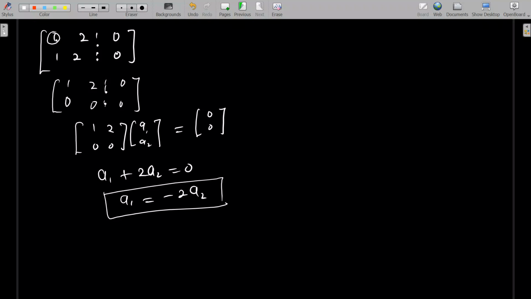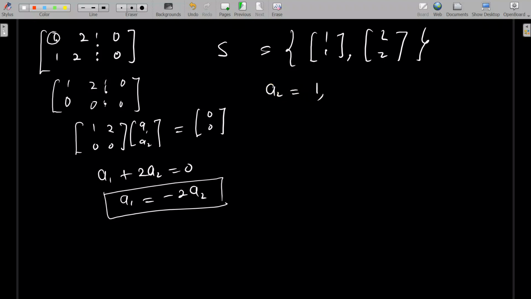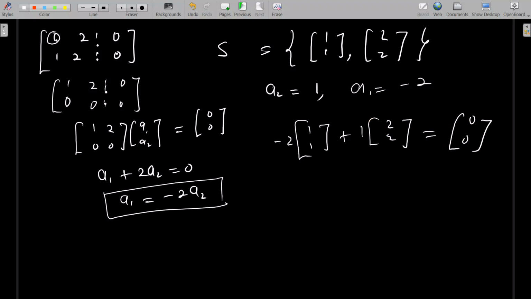Now look, I had the set to be (1, 1) and (2, 2). If I choose a2 to be, let's say, 1, this is telling us that a1 should be negative 2. And so I'll have a1 is negative 2 times (1, 1) plus a2, which is 1, times (2, 2), and indeed if you sum this, you're going to get (0, 0). You can also choose other options.